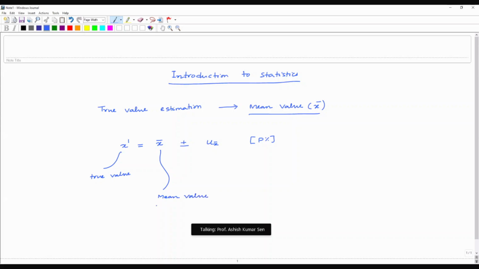And this is basically the most probable estimate of the true value X prime, and this is basically the uncertainty interval.